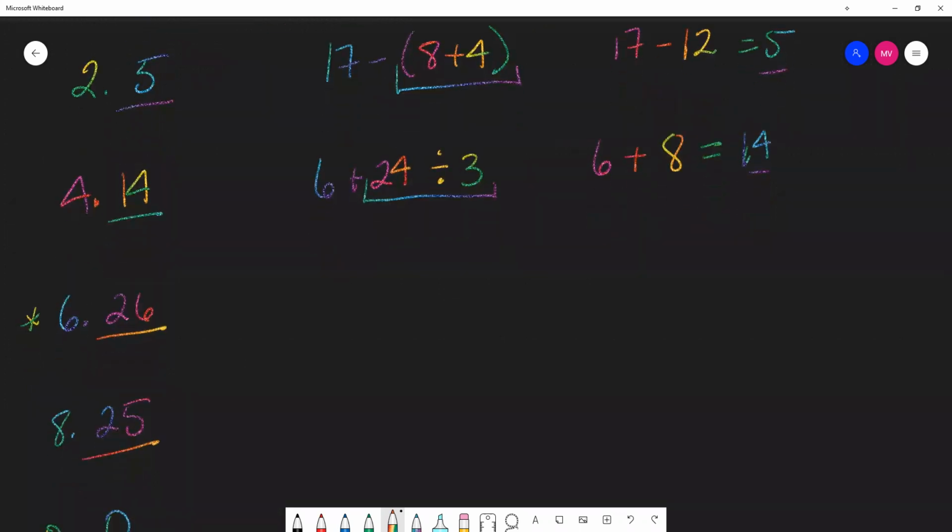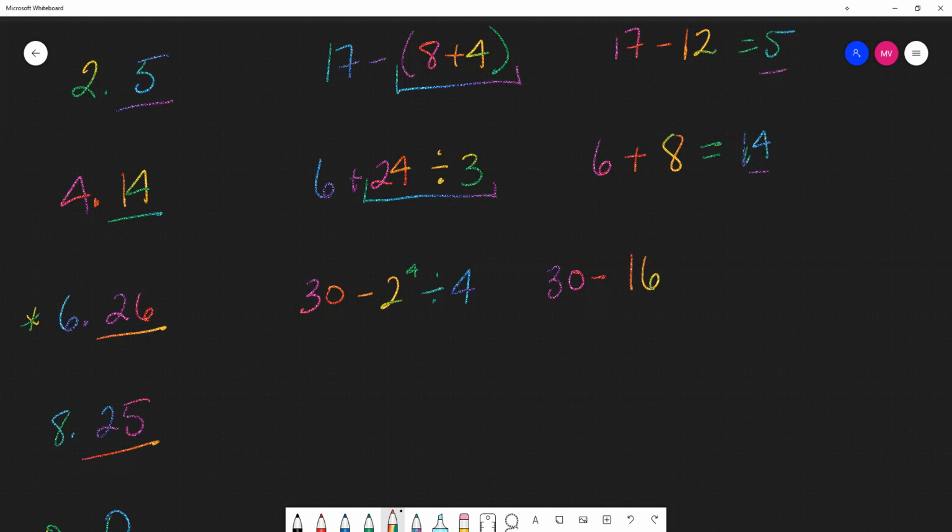Number 6. Zachary, we have 30 minus 2 to the power of 4 divided by 4. What do we do first? 2 to the power of 4 first. So this becomes 30 minus, 2 times 2 is 4, times 2 is 8, times 2 is 16.